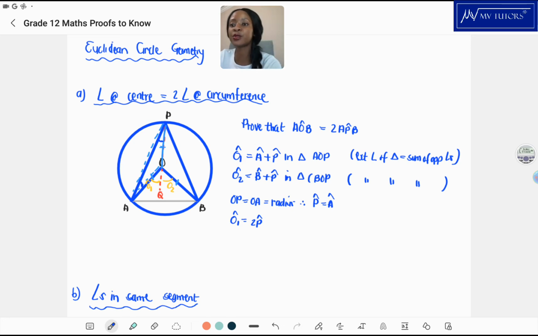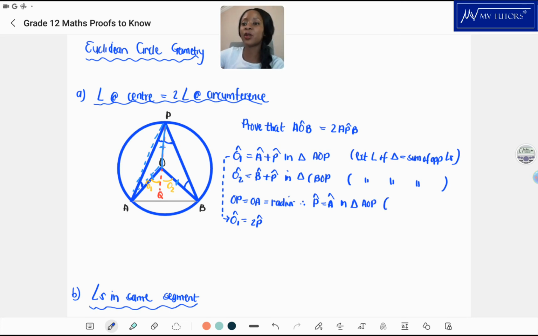So O1 is equal to 2P. That makes sense, right? Because we said that O1 is equal to A plus P, and now we said P is equal to A, therefore O1 is equal to 2P. And the same would apply for O2. I need to give a reason here. OP is equal to OA, which is the radius, therefore angle P is equal to angle A in triangle AOP.